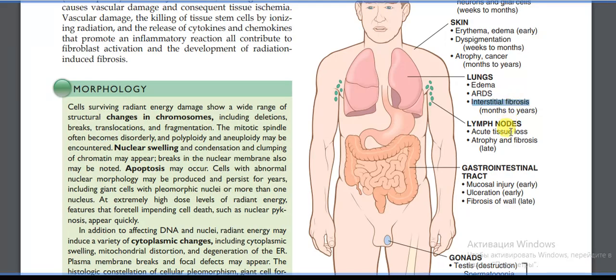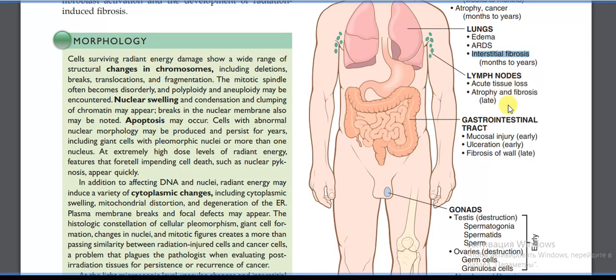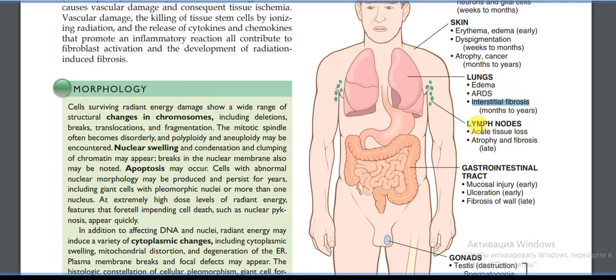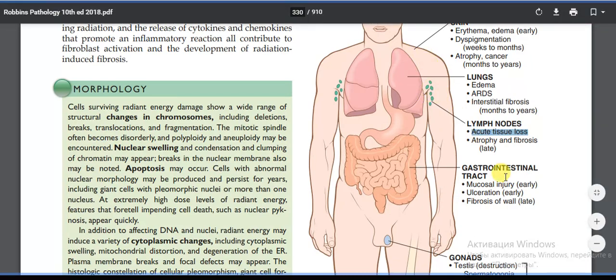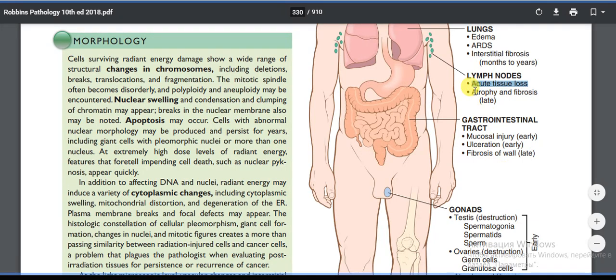Lymph nodes. In lymph nodes it causes acute tissue loss and atrophy, and fibrosis which happens later. It happens due to interstitial injury to other tissues, and interstitial fluid comes into the lymph nodes and continues the lesion there. Similarly, it causes atrophy and fibrosis, of course.